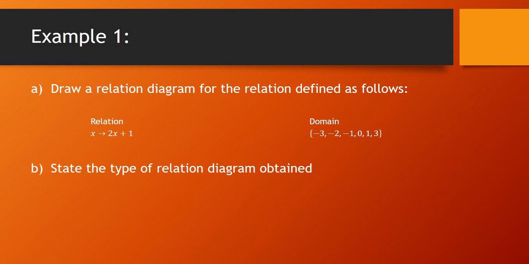Relation x is mapped onto 2x plus 1, and the domain values are -3, -2, -1, 0, 1, 3. When you are finished, you need to state the type of relation obtained, whether it is a one-to-one mapping, a one-to-many mapping, a many-to-one mapping, or a many-to-many mapping.